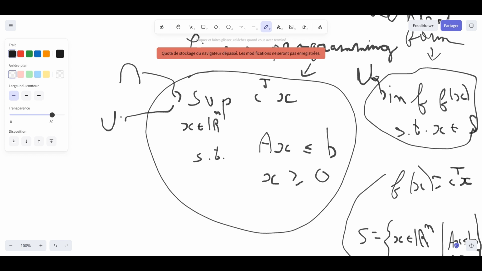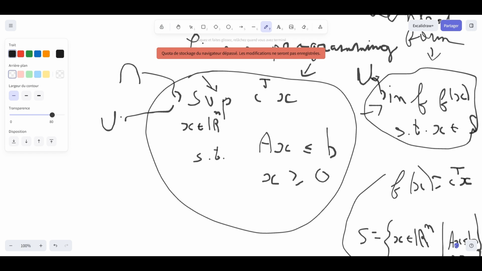As I told you, we chose to define only the maximization in the definition. But this is actually sufficient to convert to the case of minimization.